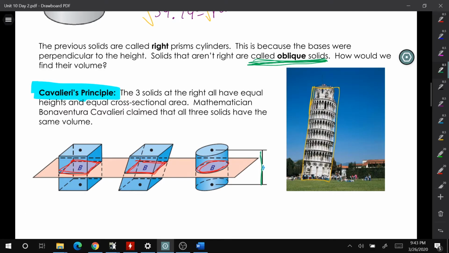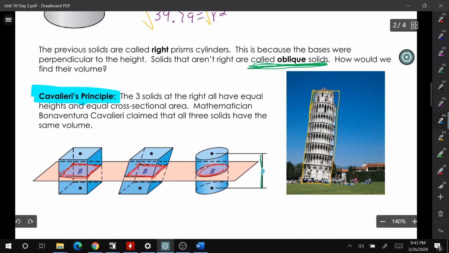So these three shapes here, even though they look completely different, one of them is round while the others are more rectangular, those all have the same volume because they have the same height and the cross-sectional area is the same for all of these. So the area of each of these bases are the same.